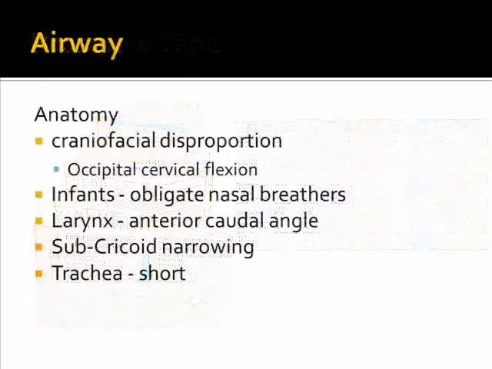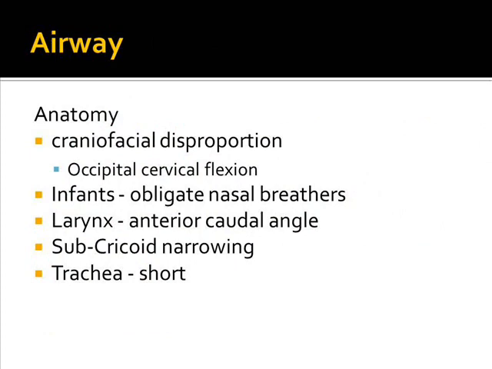We always start with the airway. Just like in the adult, the priorities of primary survey are the same. However, we must note that there are some significant differences between the pediatric and the adult airway. One of the differences is that there is usually a craniofacial disproportion.